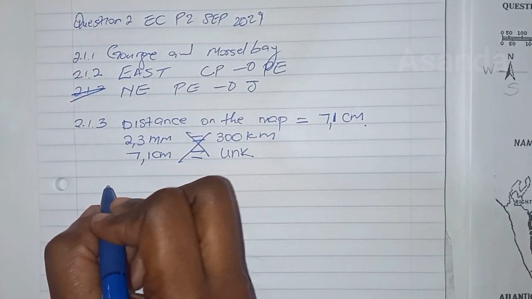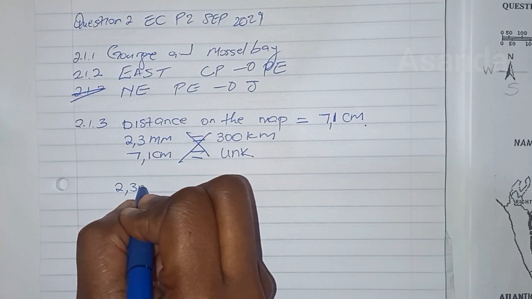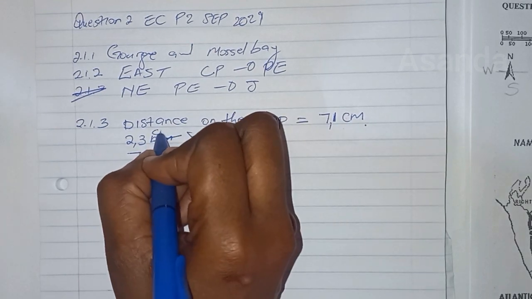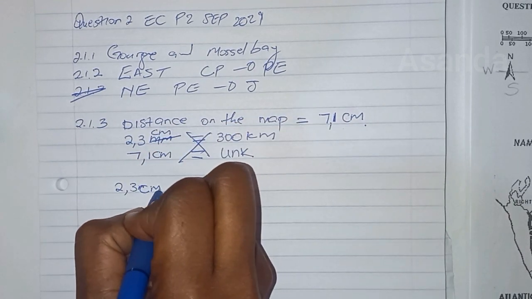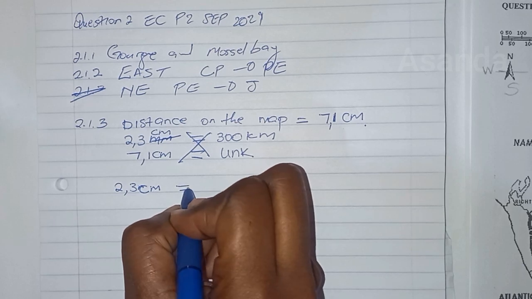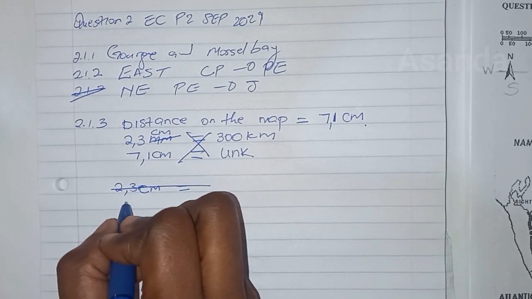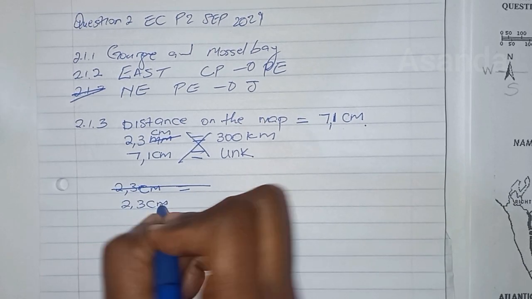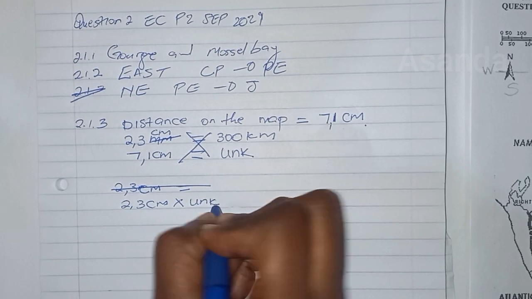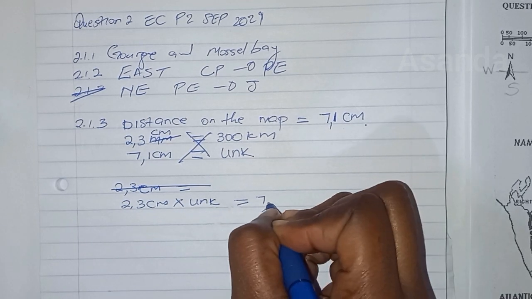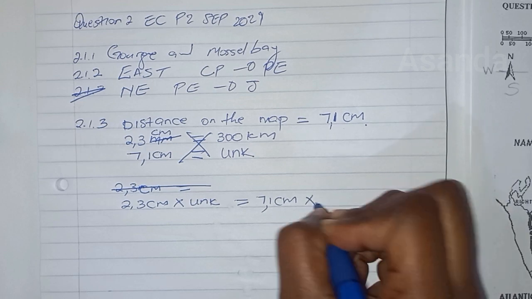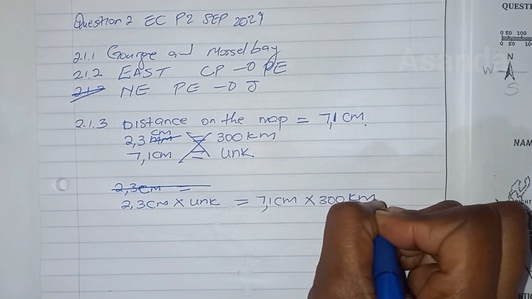I'm just going to cross multiply. Then I say 2.3 centimeters multiplied by unknown is equal to 7.1 centimeters times 300 kilometers.